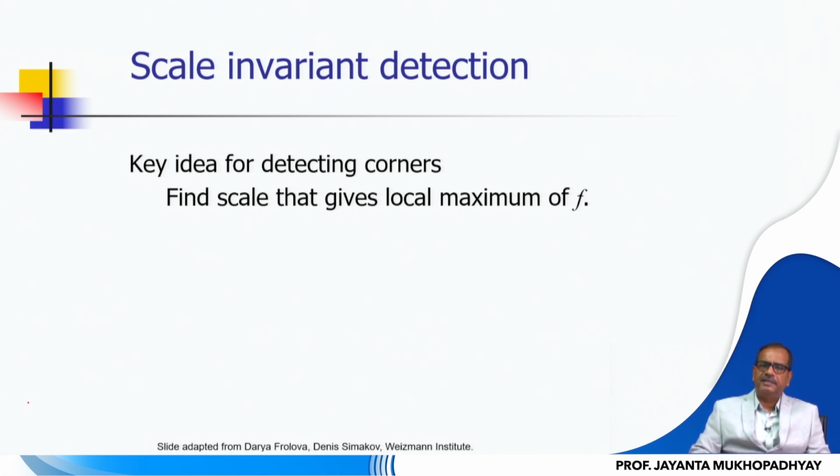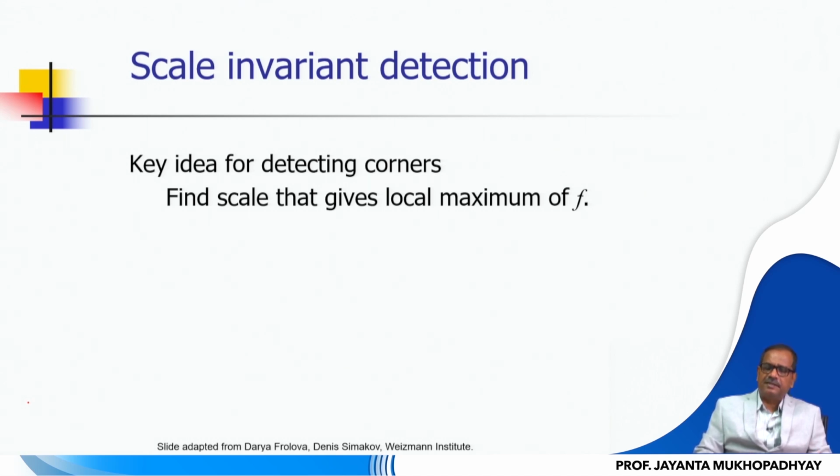So scale invariant detection does not mean you get a descriptor which remains the same for every changing scale. Rather, that is not possible. Every scale has some details which will be quite different from the details present in other scales.